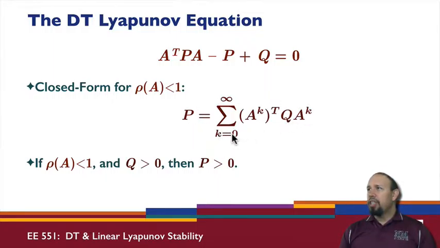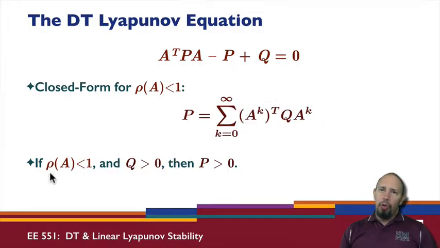It's the infinite summation, from k equals 0 to infinity, of A to the power k transpose Q A to the power k. And so this must be required, that is, the spectral radius of A must be less than 1. If that's the case, then A to the power k goes to 0 as k goes to infinity, and so this infinite summation actually converges. So we actually have convergence in that case.